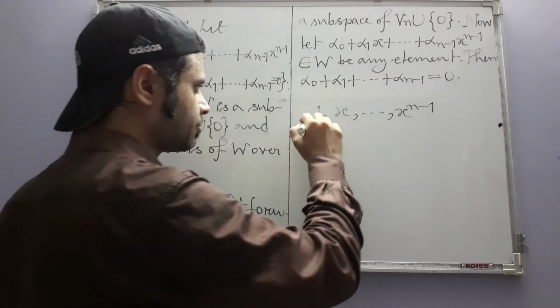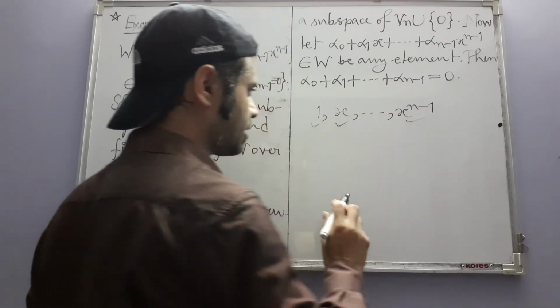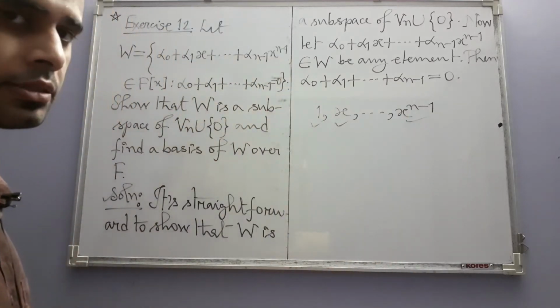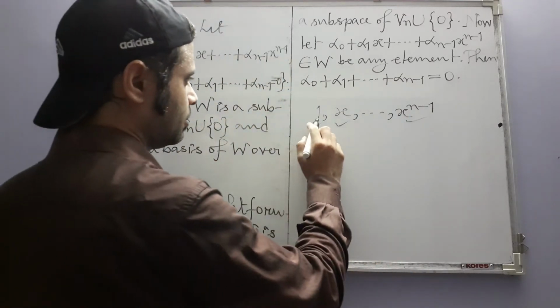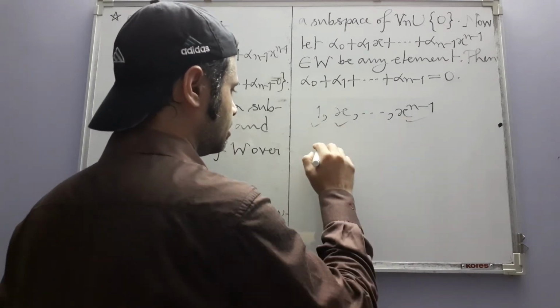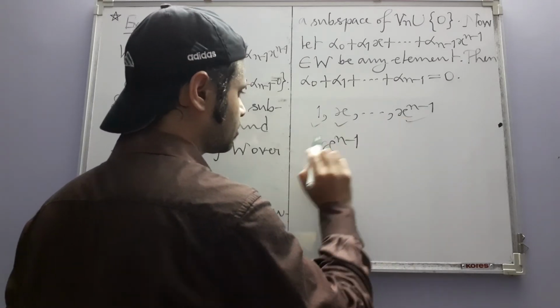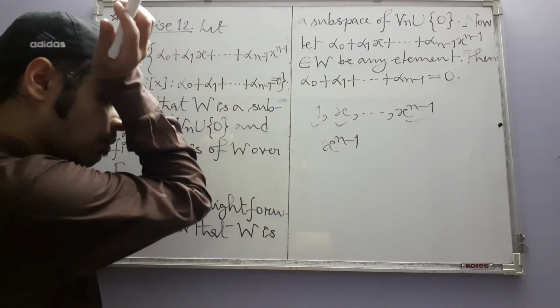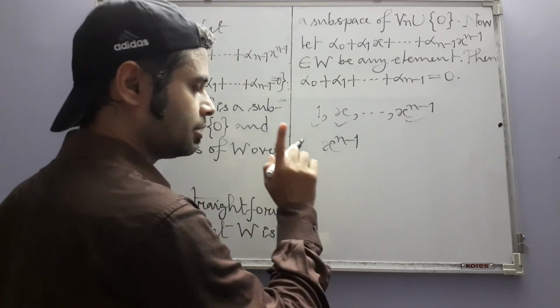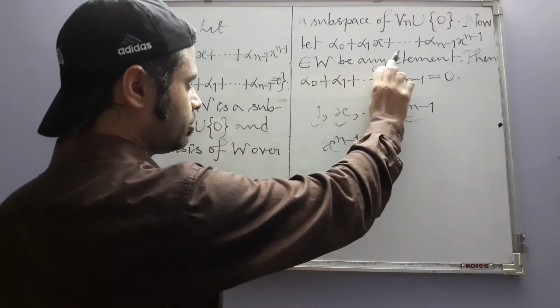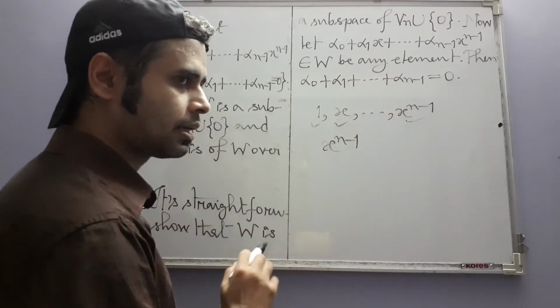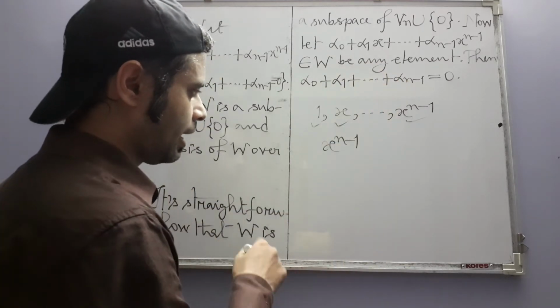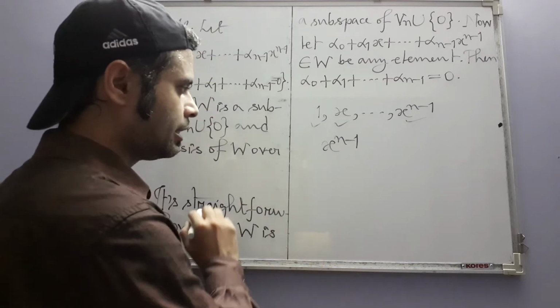Note that none of these vectors are actually in W. That is the strange thing here. Why? Because you see, x to the power n minus 1 of course is again a polynomial that looks like this, where alpha n minus 1 is 1 and all the lower suffixed alphas are 0. But if you add all the alphas, do you get 0?